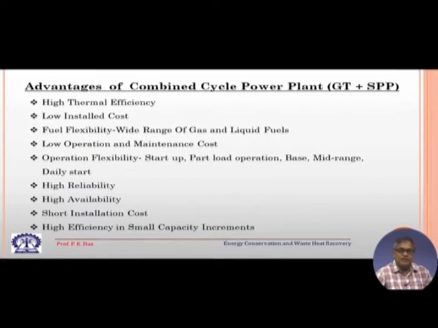High thermal efficiency, already I have shown how the thermal efficiency of a combined cycle power plant can increase. Low installed cost. Because per unit output, as the efficiency has increased, its installed cost will be less. Another thing, compared to steam power plant, the gas turbine power plant installation costs are less.